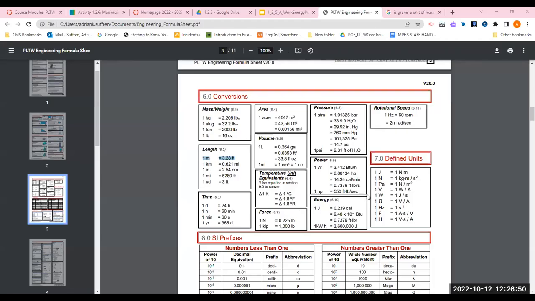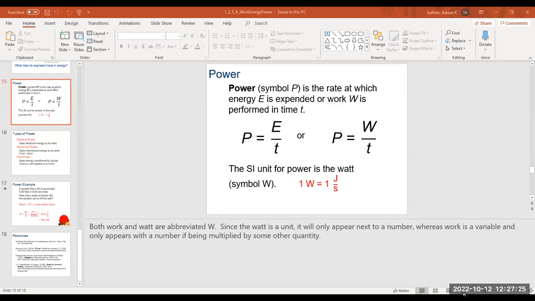I just want to point you and always refer you to our formula sheet. If you're looking at defined units, you can see right here, 1 watt equals 1 joule divided by seconds. I just wanted to bring that to your attention. Let's go back to our slideshow.